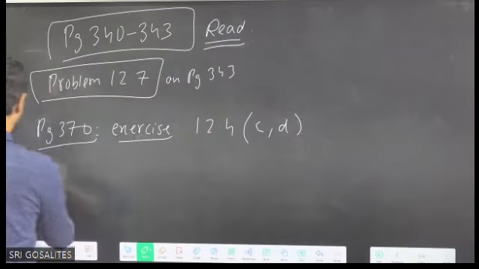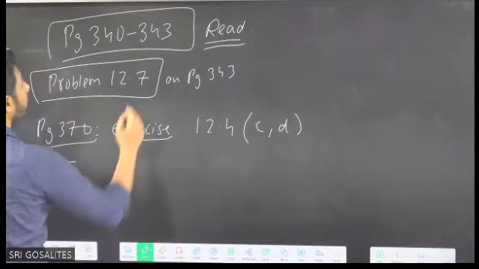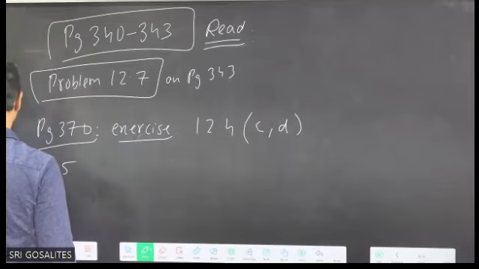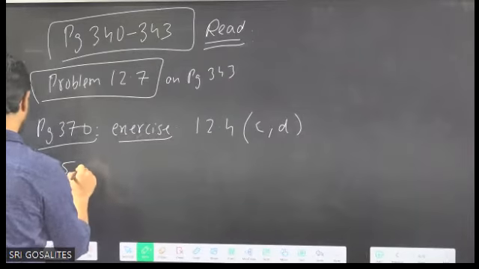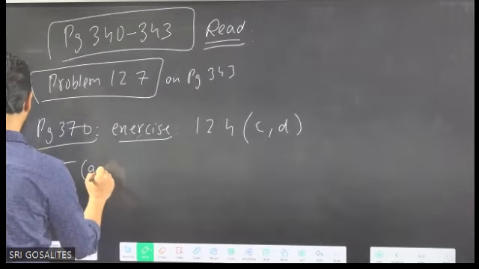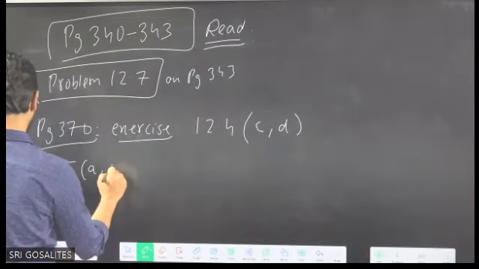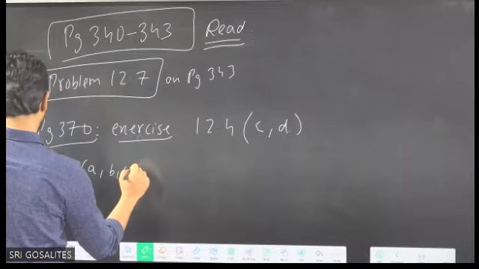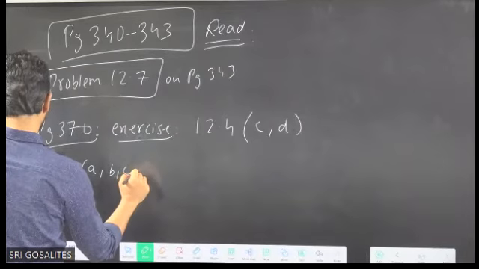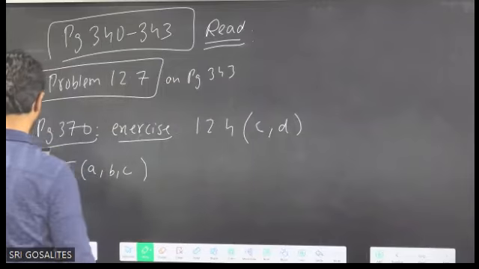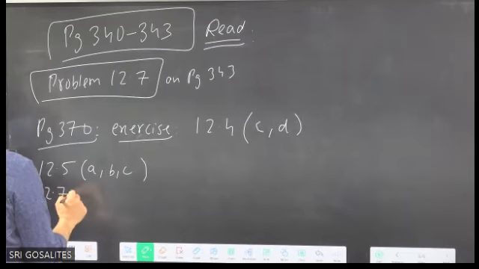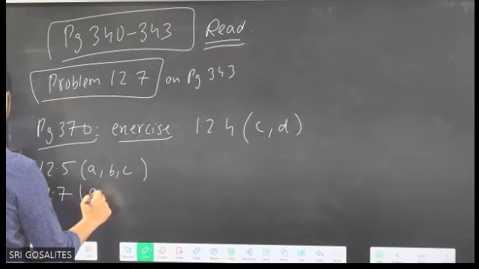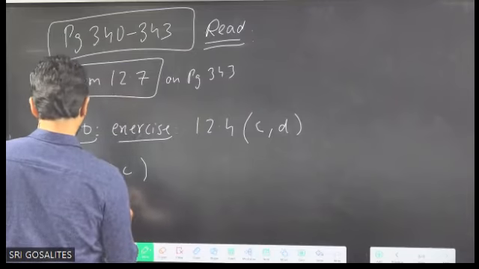Then you can try 12.5: A, B, C, and 12.7, only A.